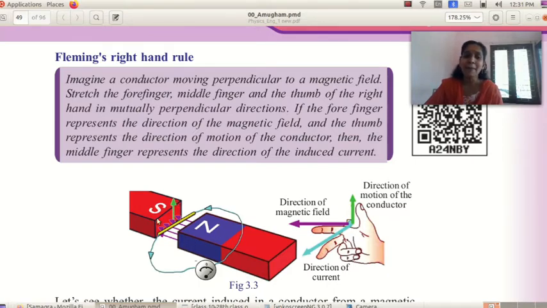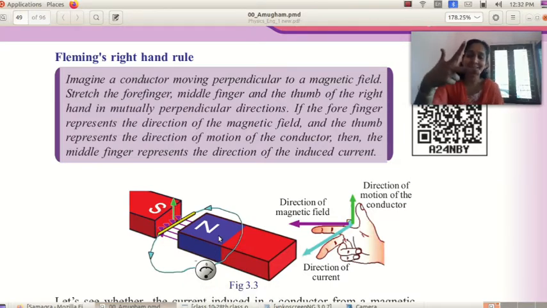You can see the magnet here, the magnetic field. The direction of magnetic field is represented by the violet color. The direction of motion of the solenoid is represented by green color. It is upwards, isn't it? The current is downwards.